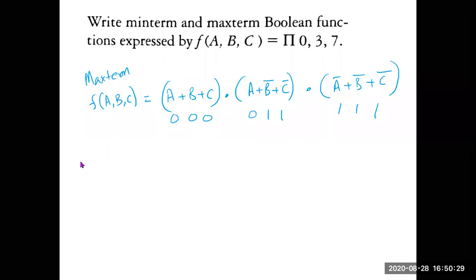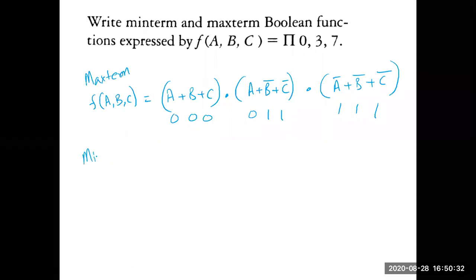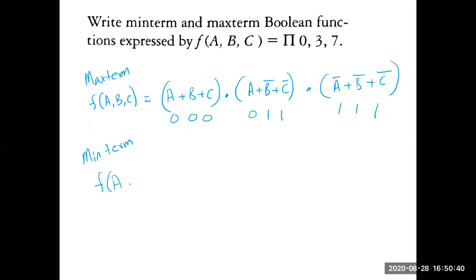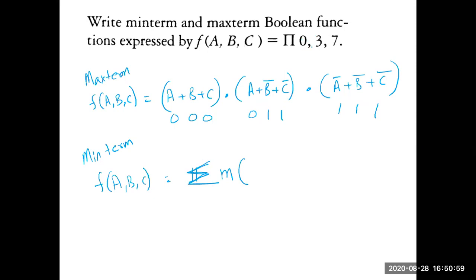If I want to write in min term, I need to find what are the combinations of A, B, C there in min terms. So if your max term is 0, 3, 7, your min term, which is summation, is basically your remaining values like 1, 2, 4, 5, and 6.